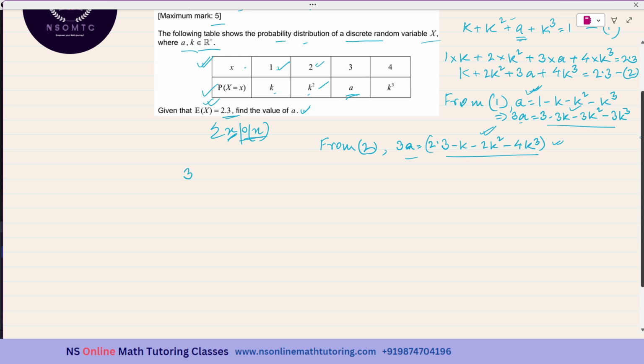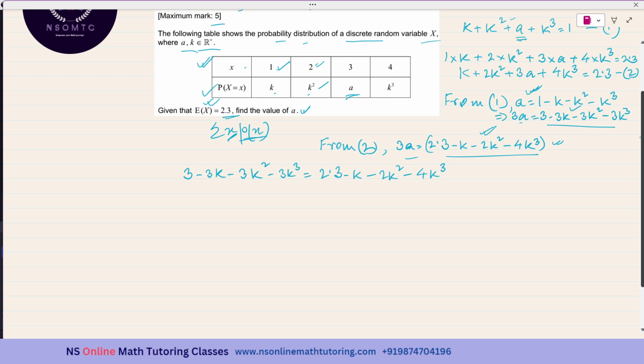So it is 3 minus 3k minus 3k square minus 3k cube equal to 2.3 minus k minus 2k square minus 4k cube. I have got the equation in terms of k.